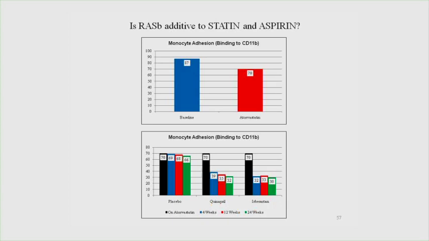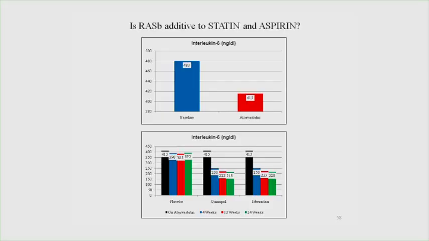There'll be lower levels of adhesion molecules, so white cells, monocytes, are less likely to adhere to the endothelial surface with a statin, and we can synergize by blocking the generation of angiotensin 2 or blocking its receptor. Interleukin-6 falls with atorvastatin. It falls further with quinapril or irbesartan. So indeed, there's a synergy.